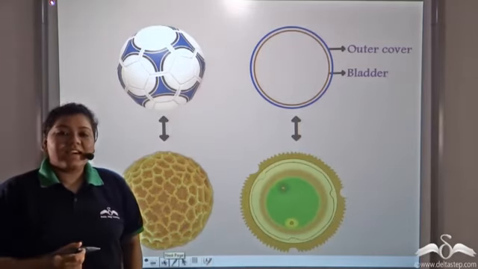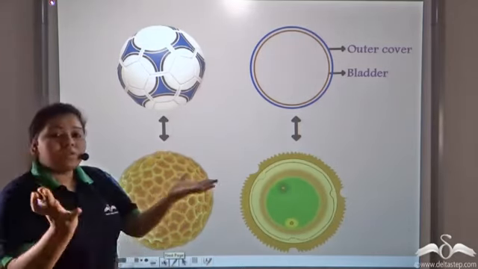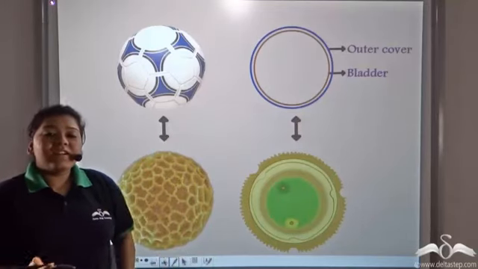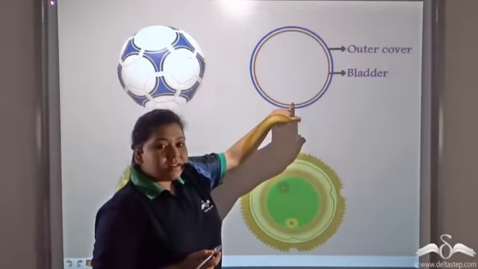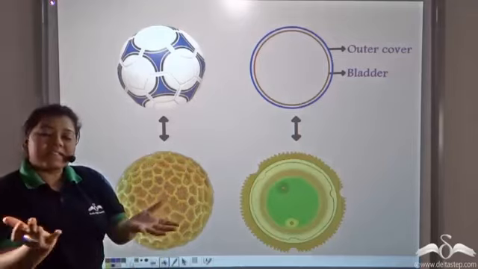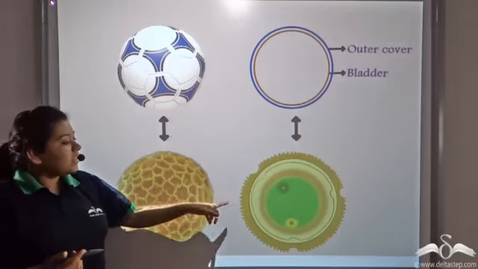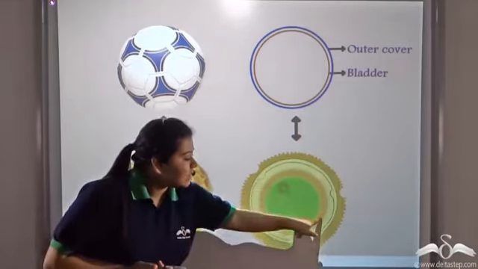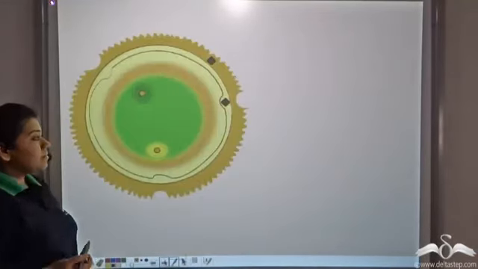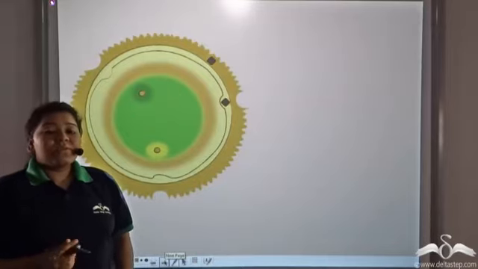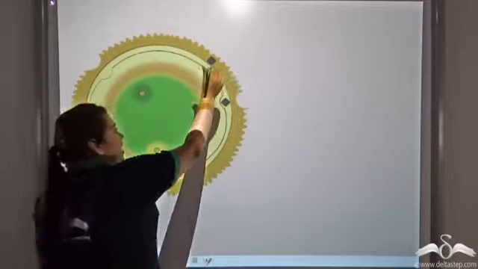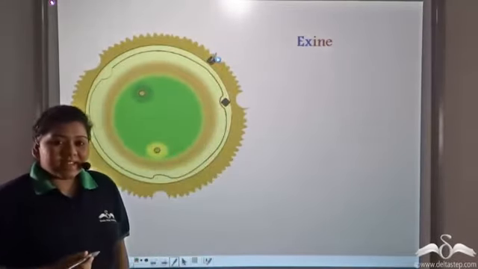Now, just like a football has an outer cover which protects it and an inner flexible bladder, similarly, a pollen grain has a hard external covering and an inner flexible covering. So the hard external layer of a pollen grain is known as exine.